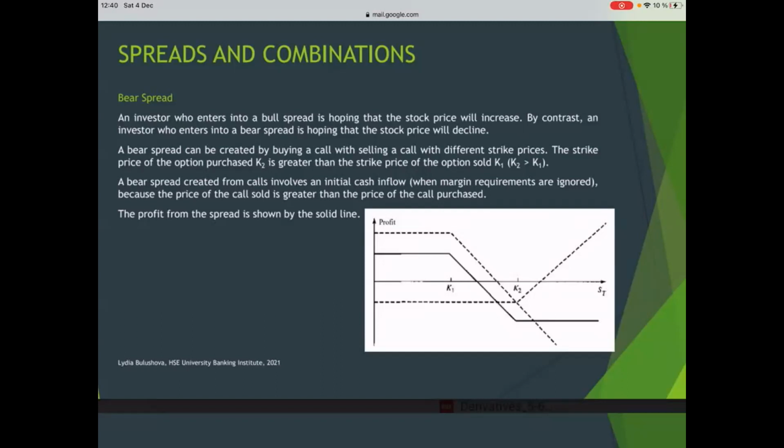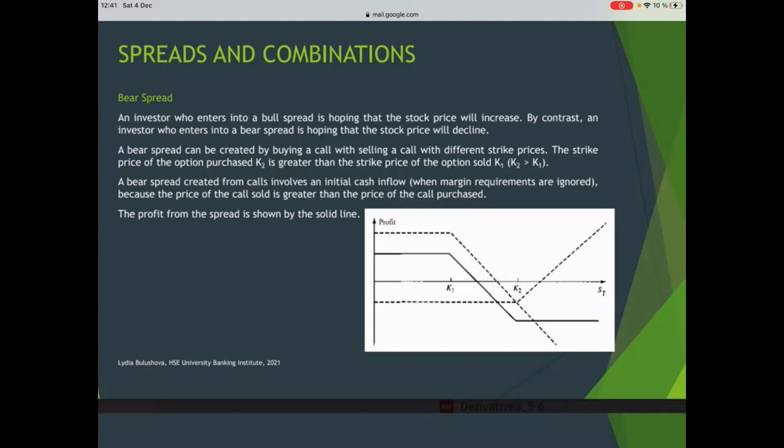When the asset price is low, it generates profit, but as the asset price increases and we proceed to the right, the profit declines and the position generates a loss. It's a classic bear strategy for an investor who believes that the stock price will decrease.